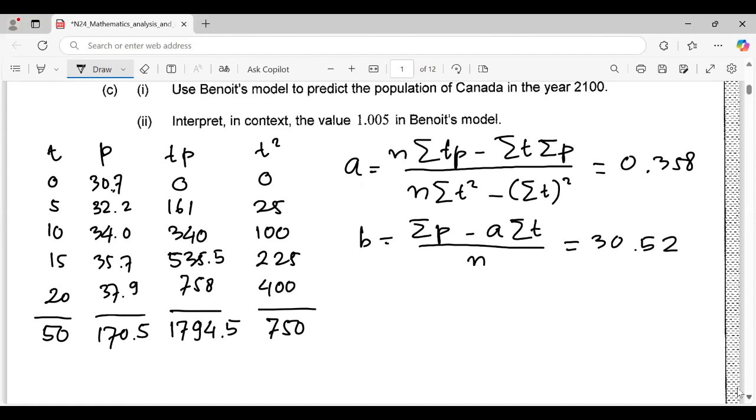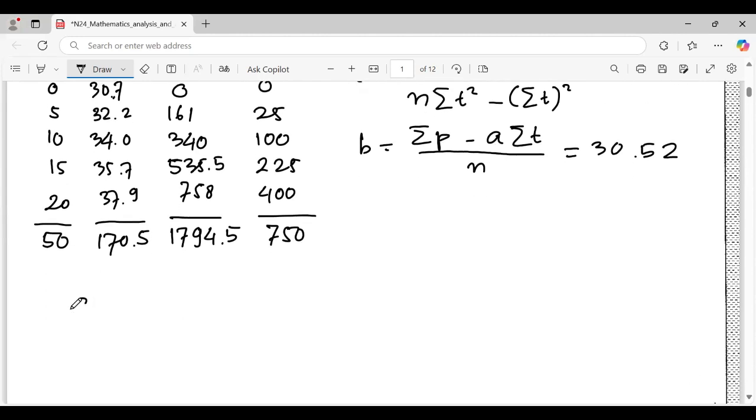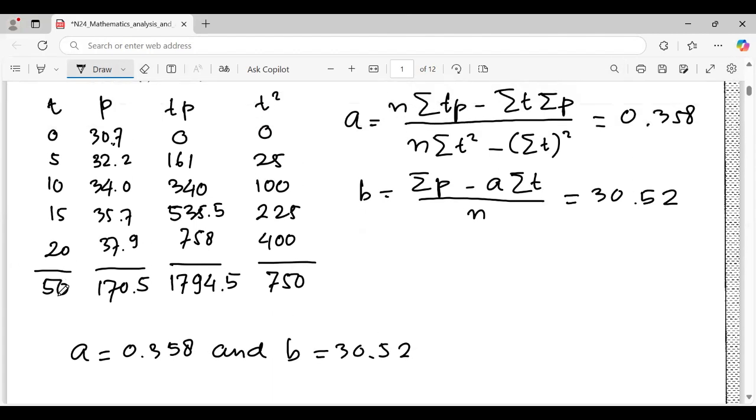Okay, so we have calculated that A equals 0.358 and B equals 30.52, where N equals 5, sigma T equals 50, sigma P equals 170.5, sigma TP equals 1794.5, and sigma T squared equals 750. Right.